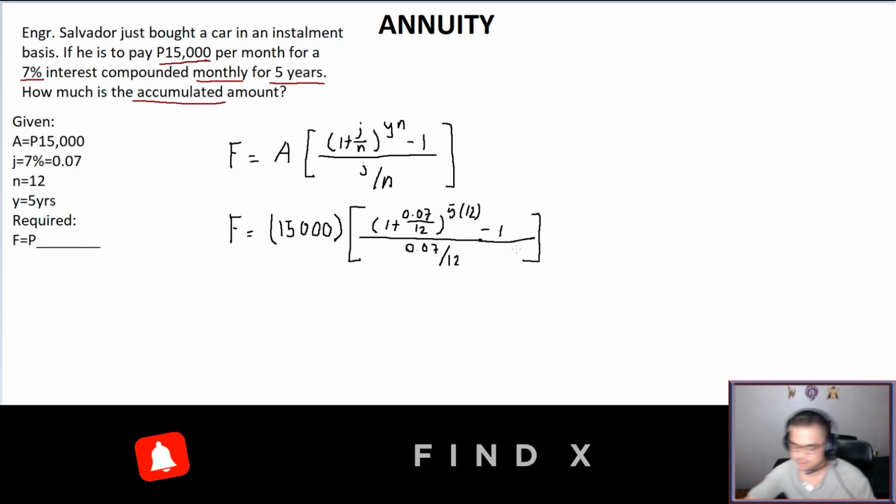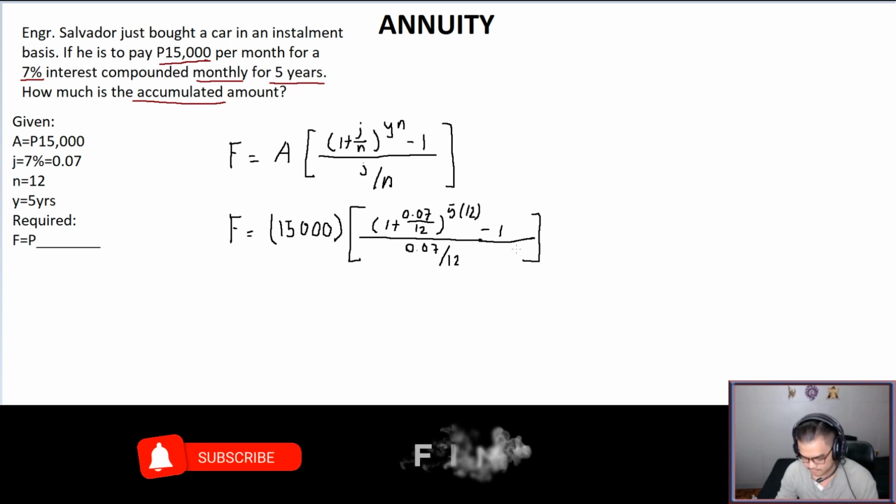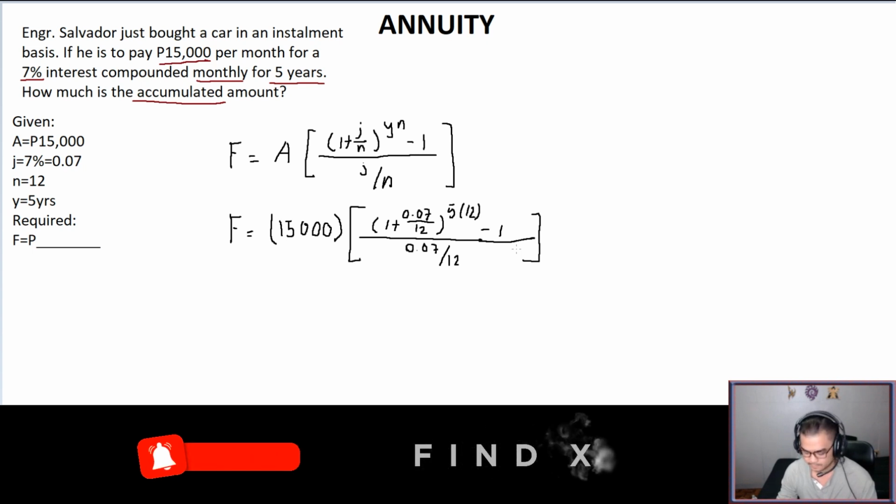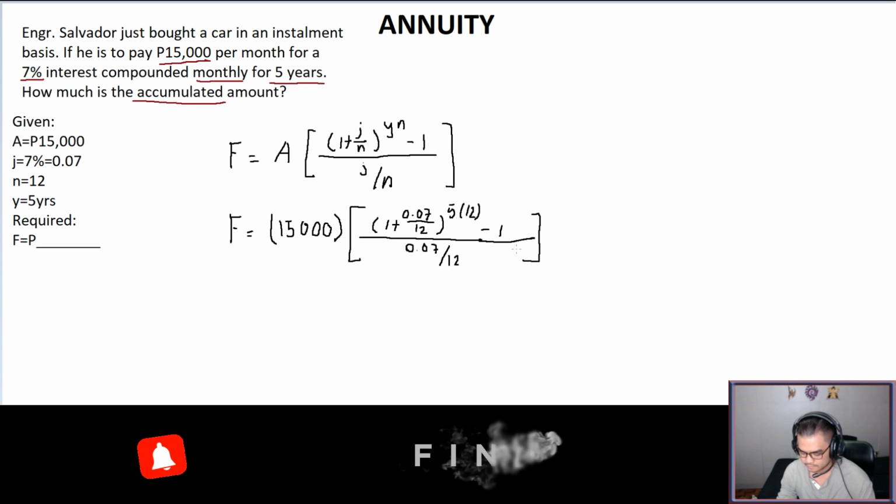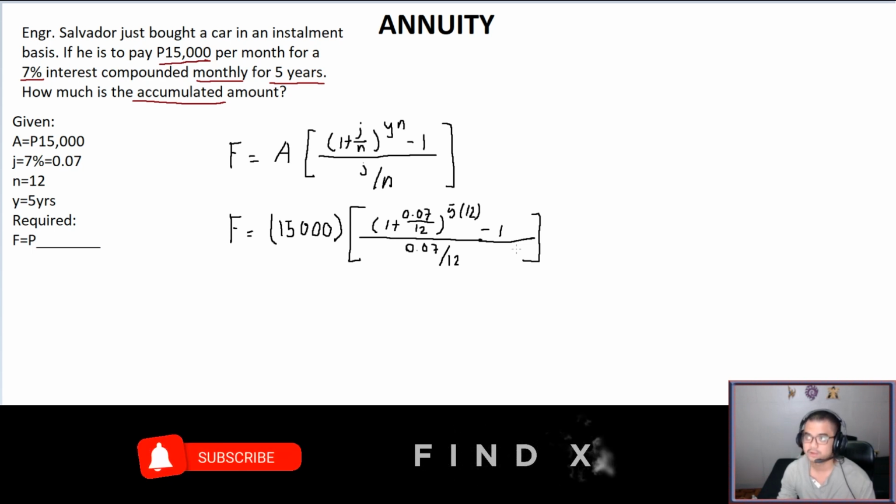Putting that in our calculator, we have 15,000 times 1 plus 0.07 over 12, raised to 12 times 5, which is 60, minus 1. Okay, so that is 107.